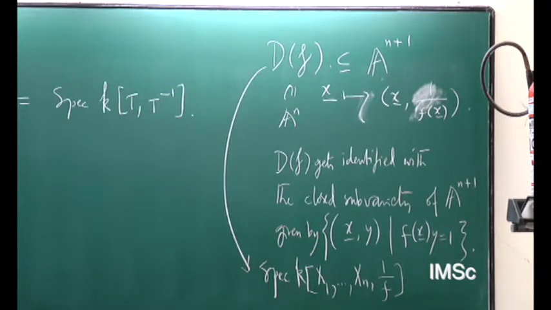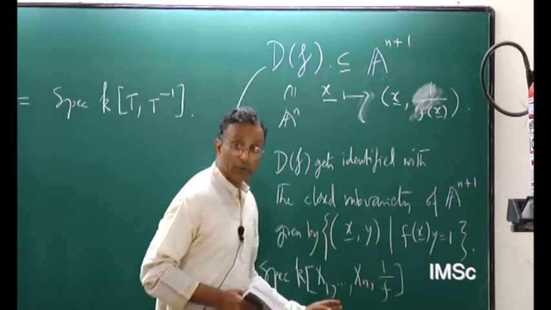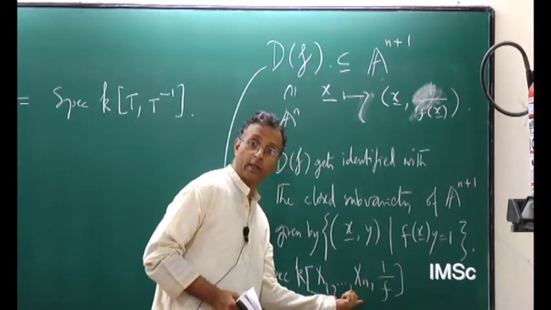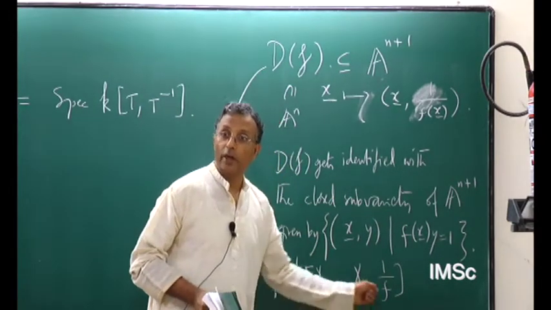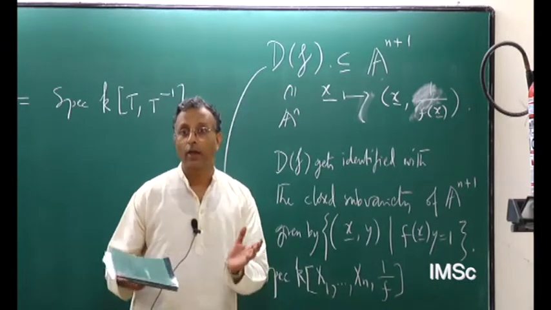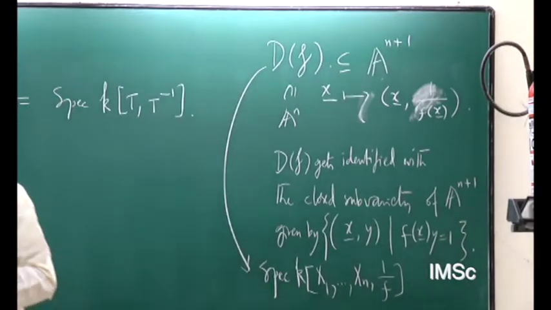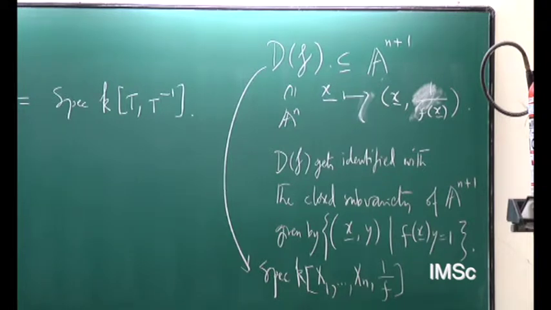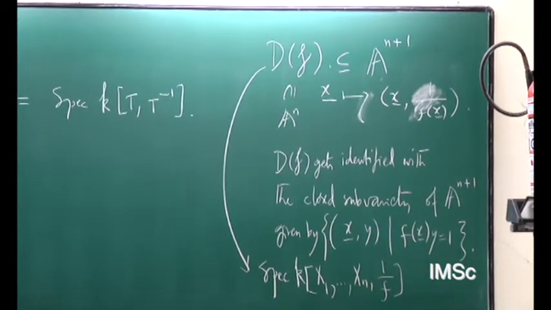Okay, you can also do that. Now, this and this are sort of the same, because how do you think of this? When I give you some affine algebra, how do you think of it as a variety? Well, you take a polynomial ring. If you want to make it concrete, you take a polynomial ring, map it onto that algebra, and by doing that you will get some subset.